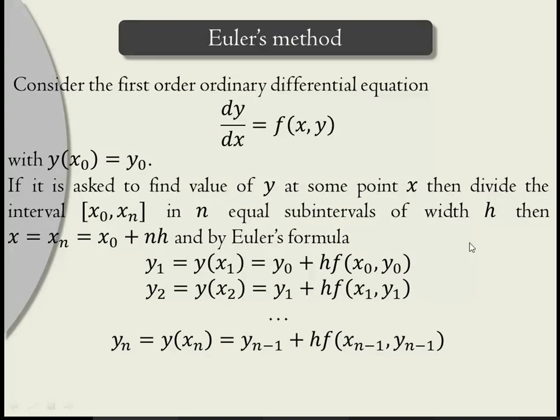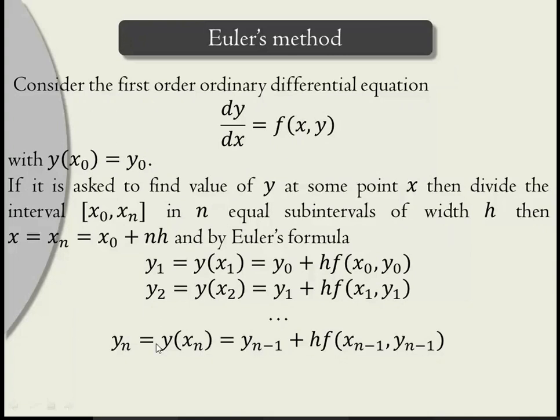Now, what happens here? We are finding the value of y at x1, the value of y at x2, or the value of y at xn. We get a single value, and many times this is not a very accurate value. But if you want to get a more accurate value, we try to modify it.